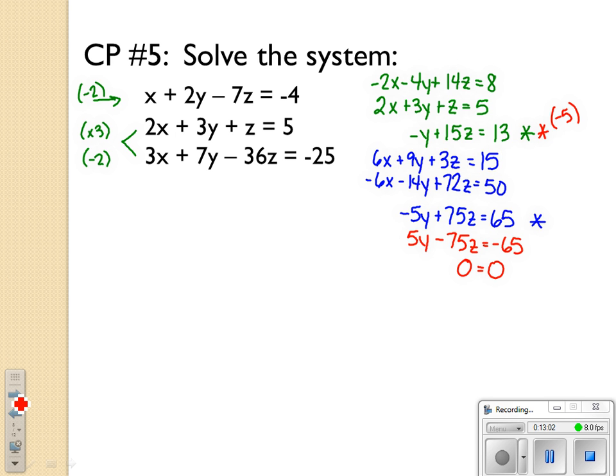Okay, so I'm going to look at this green one here. This is the only one I have so far where I'm down to a singular variable that I could easily solve for. So you guys see how we could rearrange that line so we have y equals something? So I'm going to bring it over here.